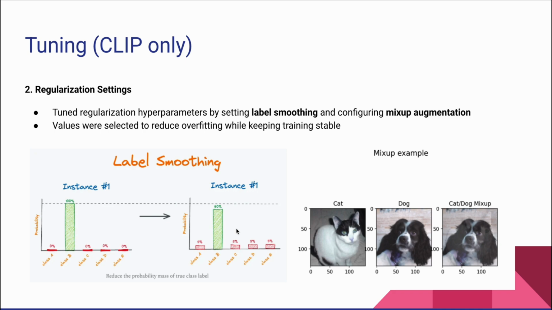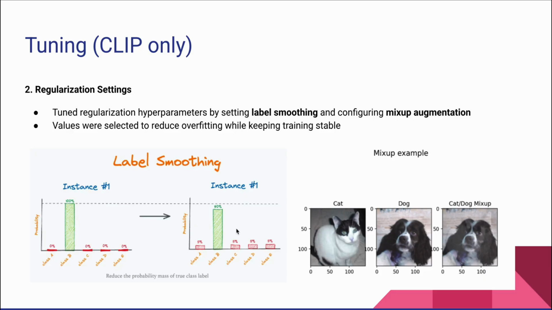Now for mix-up augmentation, it creates new training examples by blending two images together and mixing their labels in the same proportion. This forces the model to learn smoother decision boundaries and reduces overfitting because it sees a wider variety of input combinations than in the original dataset.